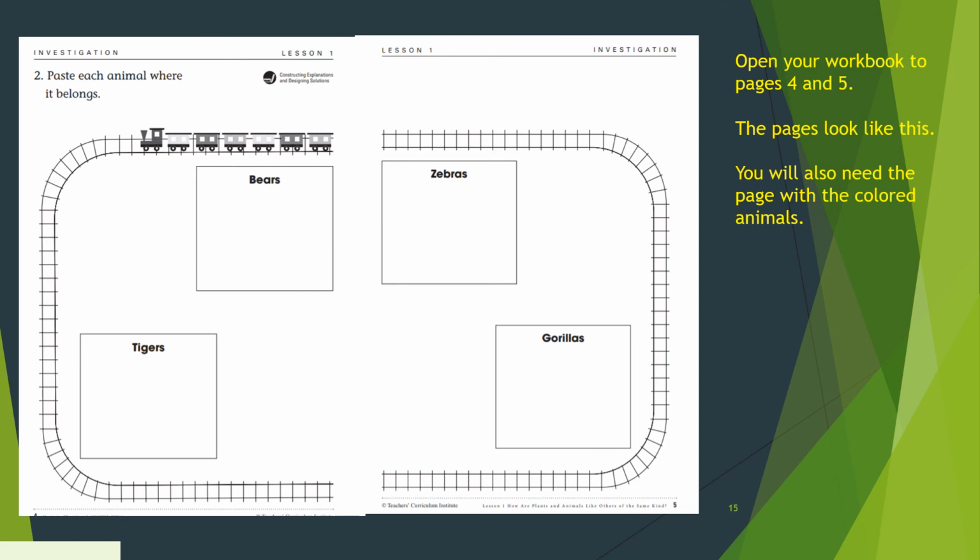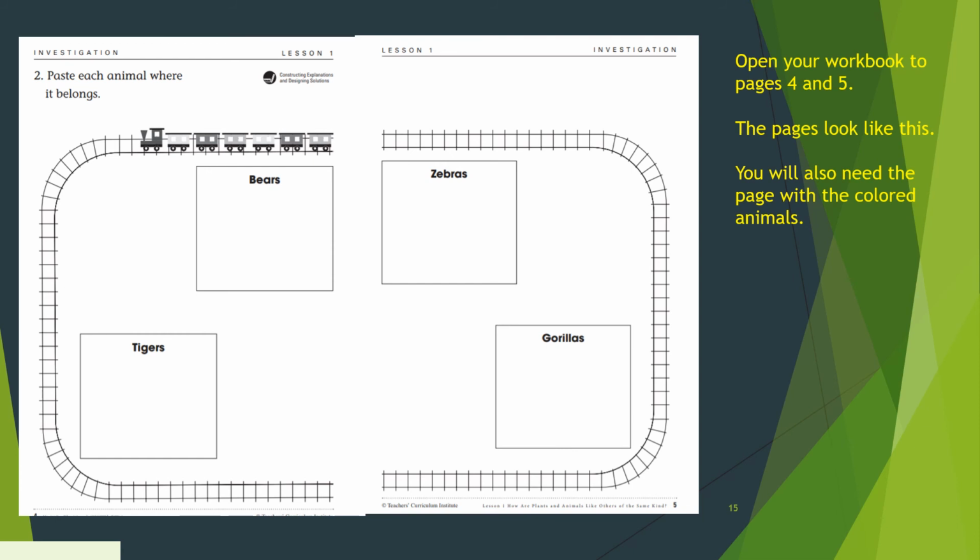All right, we're going to do another couple of pages in our workbook. This is fun. Go ahead and turn the page again. The directions say, paste each animal where it belongs. You should have another sheet of paper that goes with pages 4 and 5, and it should have colored pictures of animals on it.